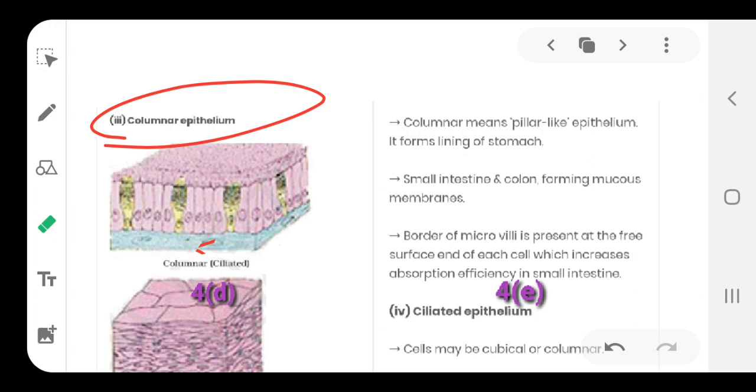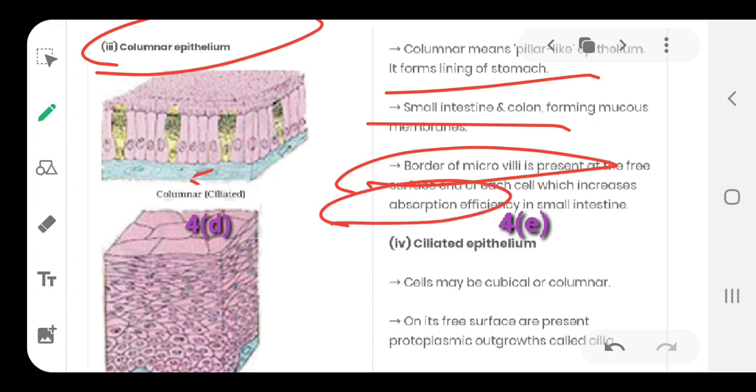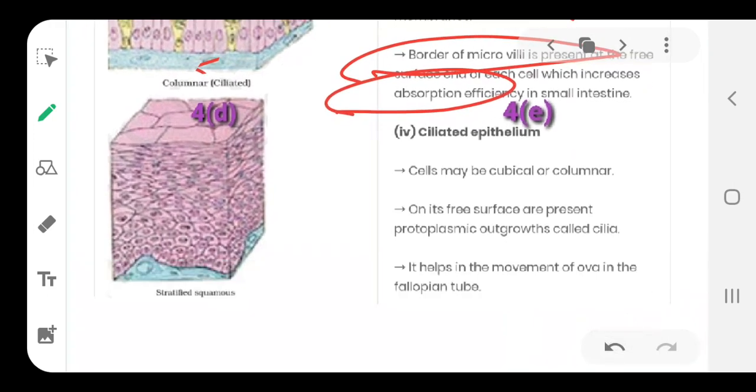Again, the features are that they are pillar-like structures, and they are basically found in the lining of the stomach, small intestine and colon. They also border the villi, so we have microvilli also in the intestine where absorption takes place. Then the next tissue under the epithelium category is ciliated, as the name states.